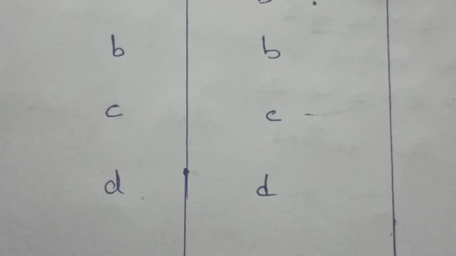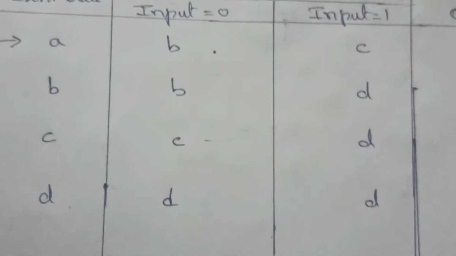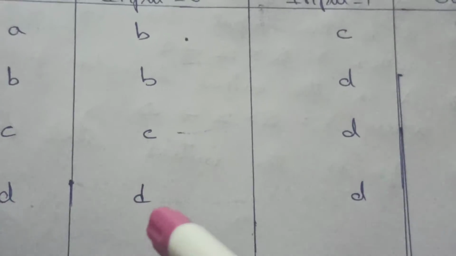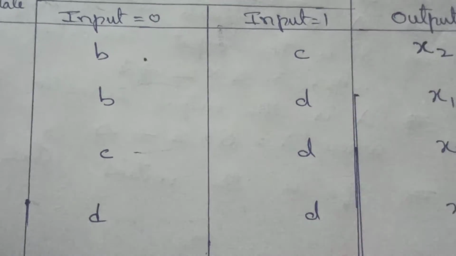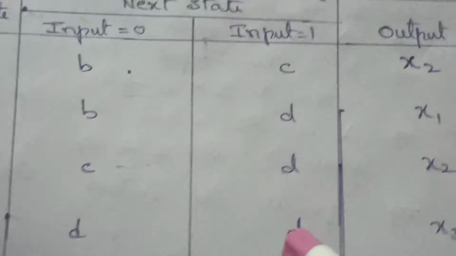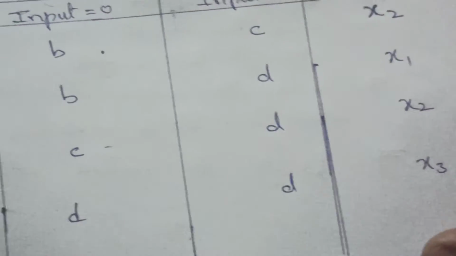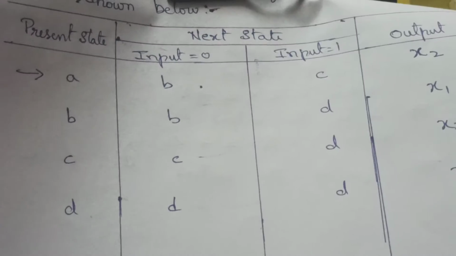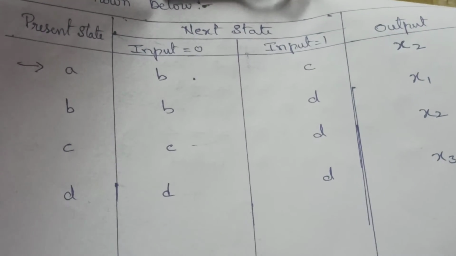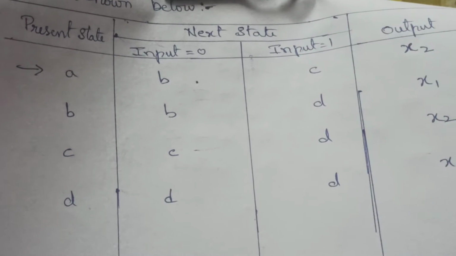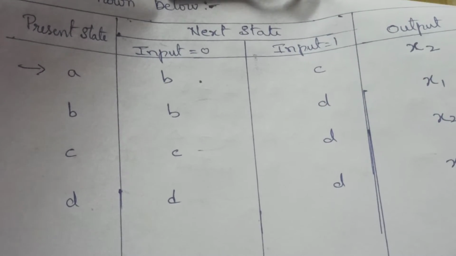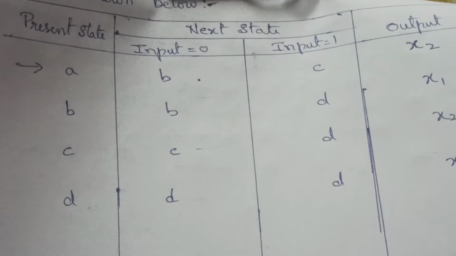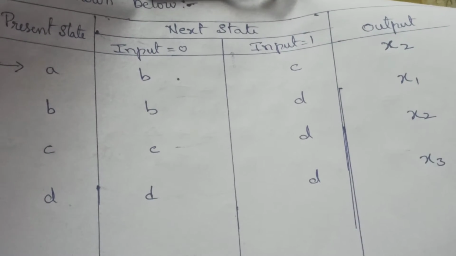Here if the present state is D, and input is 0, then it is remaining in state D, and on input 1 also it is remaining in state D, and output is x3. You can see the transition table once again totally. Present state, next state. In next state you have input 0 and input 1, and you have the outputs.